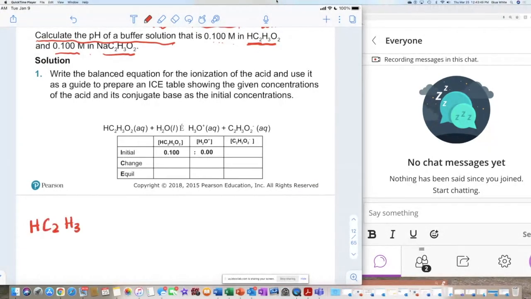So I'm going to write the equilibrium form of this acid, just like I just did. HC2H3O2 aq, like we did before, plus water, liquid. Equilibrium arrows to give you H3O plus aq plus C2H3O2 minus aq.